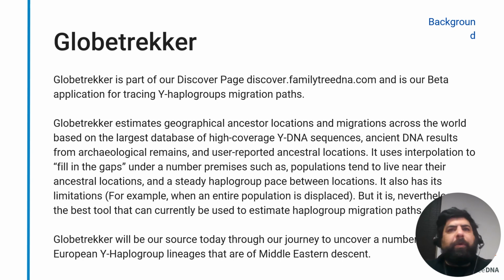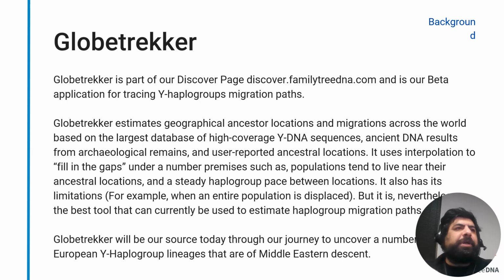We used our tool on the Discover page called Globetrekker, and Globetrekker was our guide in knowing these migration paths and also in being able to tell the years of these migration paths. Globetrekker is an amazing tool.